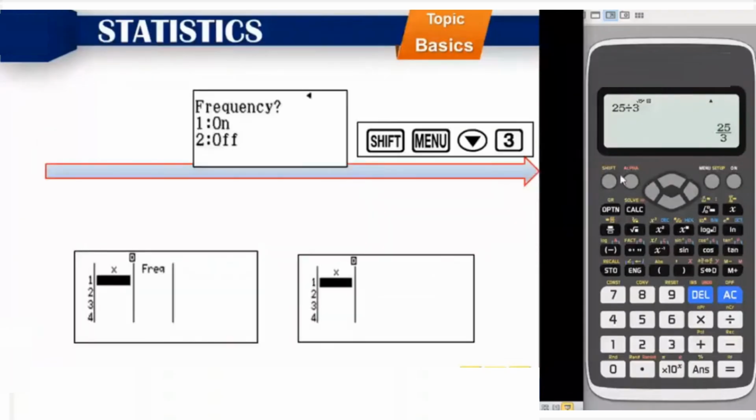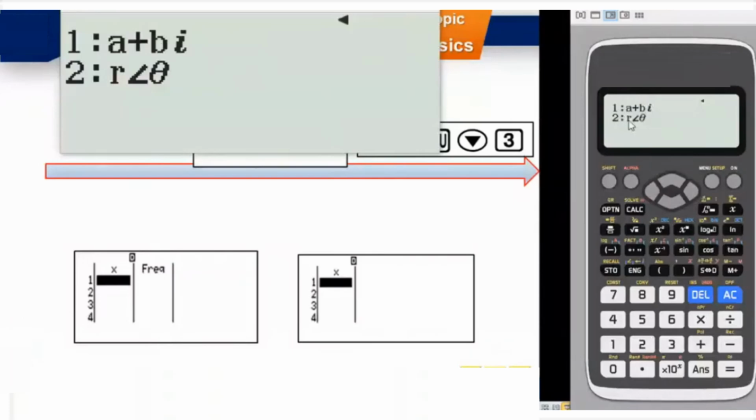All right, so if I press shift and menu again, and I scroll down, the second is complex. So if I press 2, it is asking me whether I want to give the answers of complex numbers in polar form or in rectangular form.